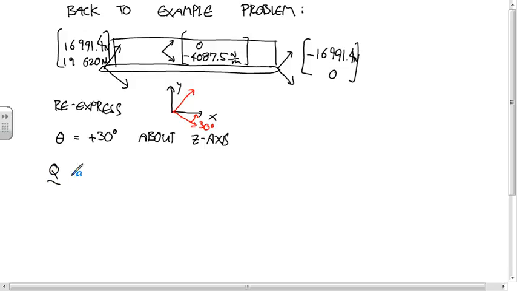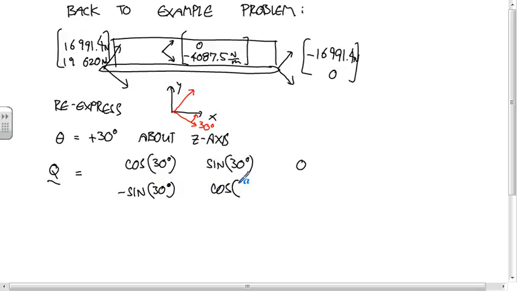So the rotation matrix is cosine of 30, sine of 30, then negative sine of 30, cosine of 30, and then 0, 0, 1.